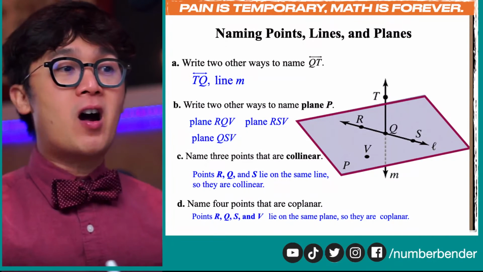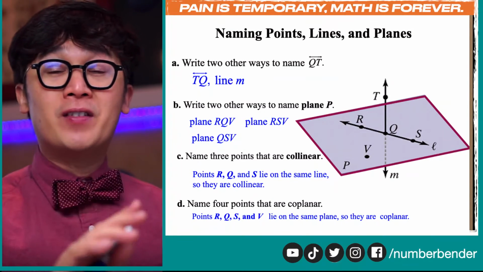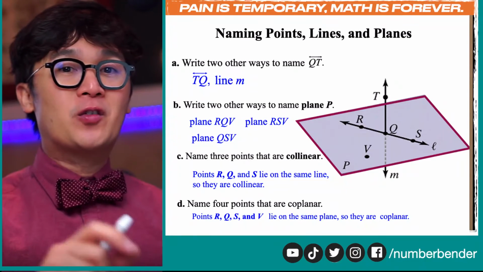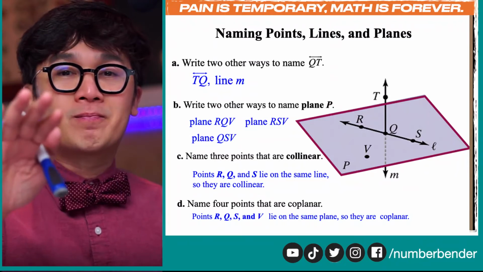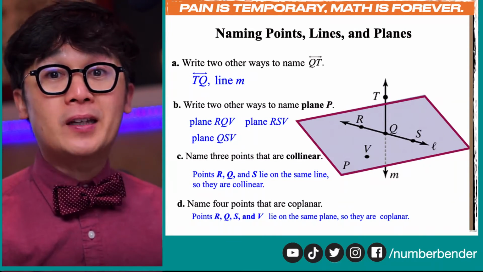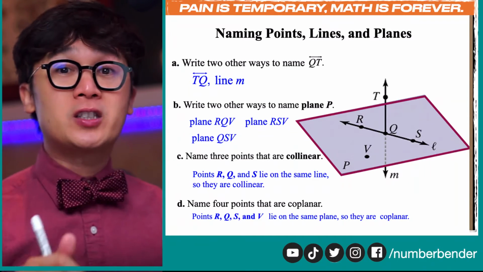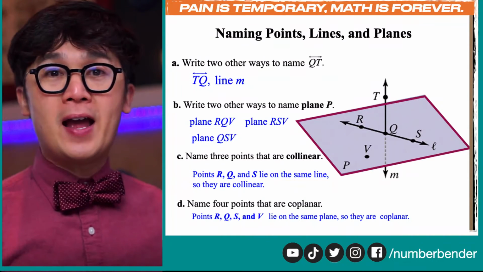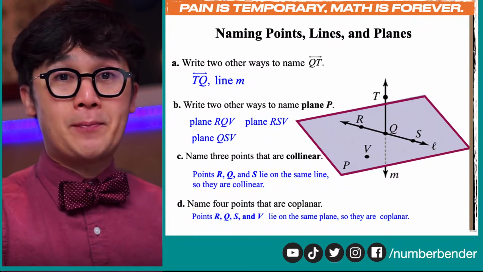Pwede natin gamitin si RQSV, at mapapansin nyo, even though RQS are in the same line, pero since meron tayong V dyan, ibig sabihin yan, co-planar pa rin siya kasi nasa same plane pa rin siya na plane P. So yan yung pagsunod natin doon sa mga instruction natin to be able to understand the language of geometry. At yan yung kahalagahan na alam natin yung mga notations na pinag-aaralan natin sa mathematics.